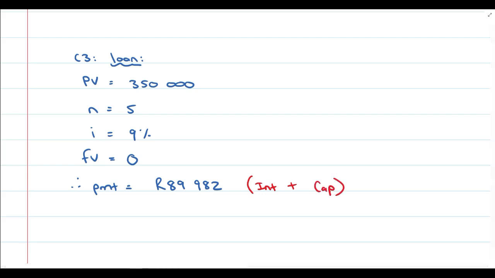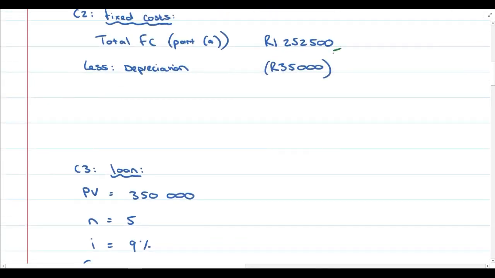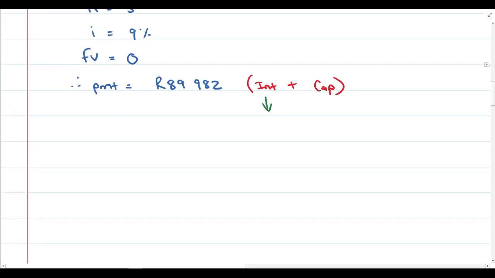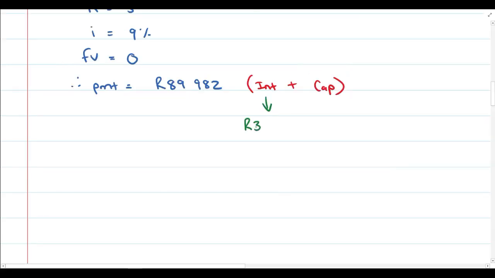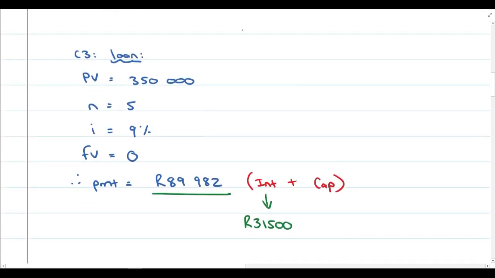Now, you just need to be careful. Included in these total fixed costs over here, we have already taken the interest into account. We have interest, or finance costs, of 31,500 Rand. So what you can do is take this amount, deduct the interest because we have already taken that into account, and then just make sure that you add the capital amount to your fixed costs.